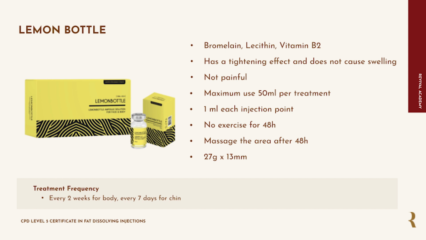Now, with lemon bottle, the enzymes and the proteins trigger the metabolism, and this increases the energy release from the fat cell itself. When the fat cell starts doing that, it starts attracting water to itself, to the point where it has attracted so much water that it simply bursts and the membrane is completely destroyed. And when the membrane is destroyed, you just flush that through your lymphatic system.